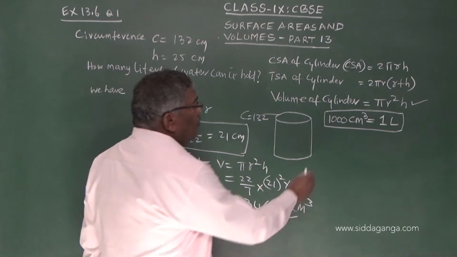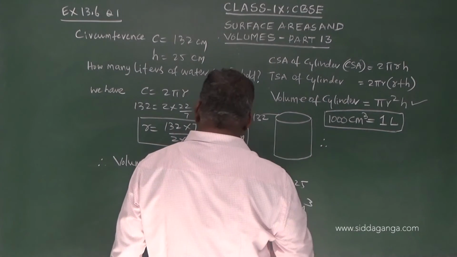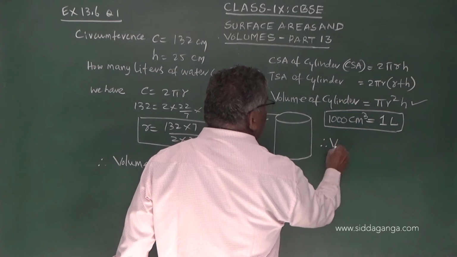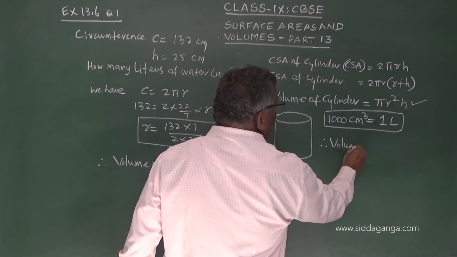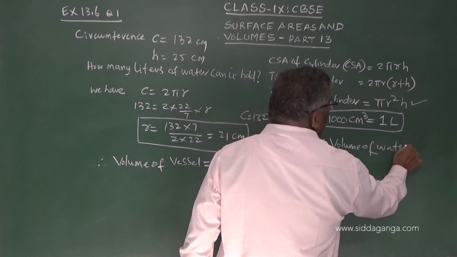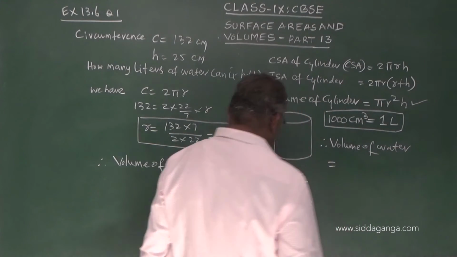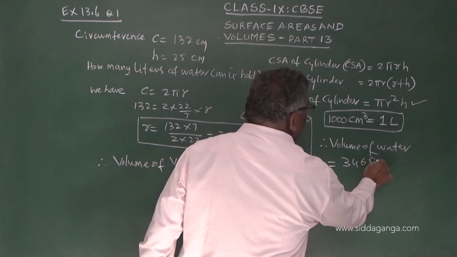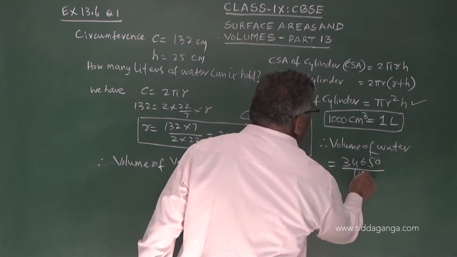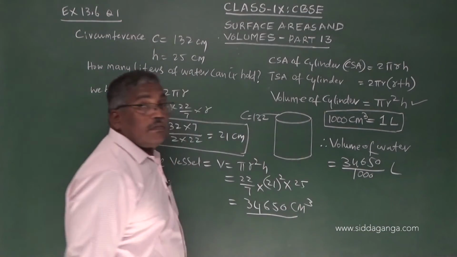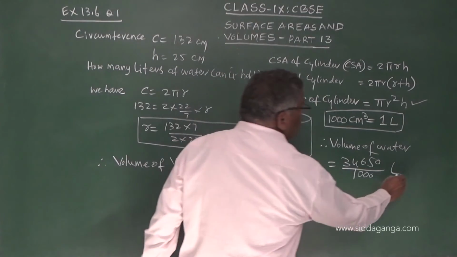So therefore the volume of water equals 34650 divided by 1000 liters.